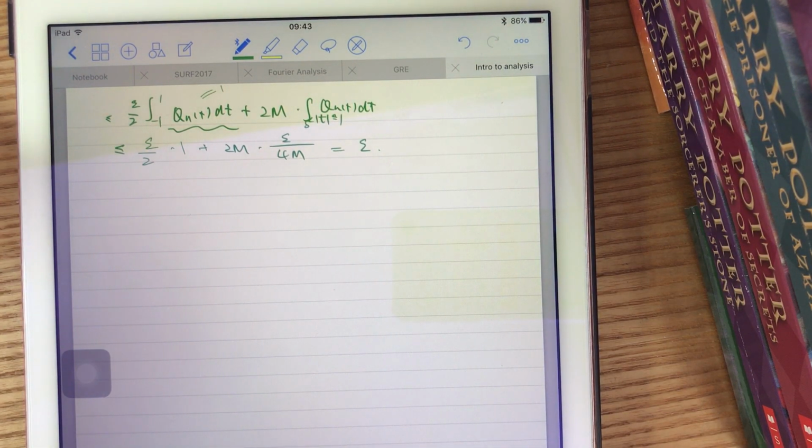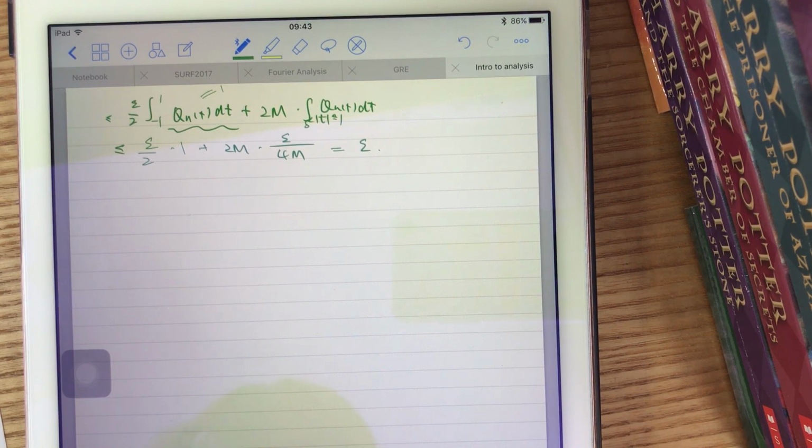Okay. Have we got that if we take the integral of qn on the small interval, it is epsilon over 4M?